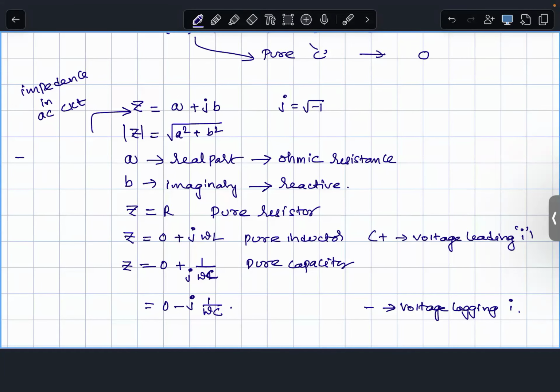So what is impedance? V RMS divided by I RMS is impedance. Okay, any doubt till this point, boys and girls?